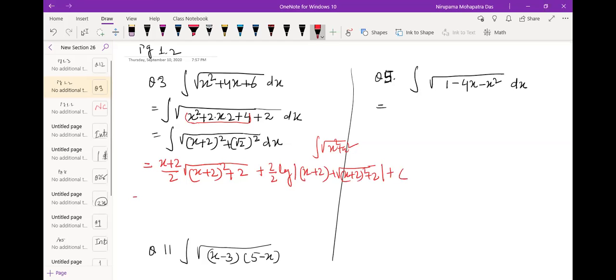So finally, the last step is x plus 2 by 2 square root of, if you simplify this, you are getting the original question, I mean function, whatever is given to you. Okay, plus 2 by 2, 1, it is log x plus 2 plus square root of x square plus 4x plus 6 plus constant of integration, right?